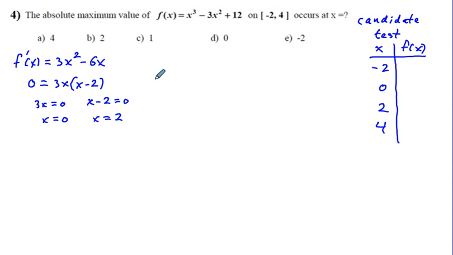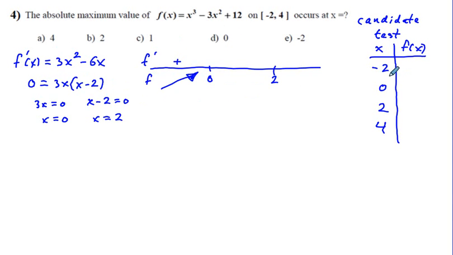Now, at this point, we can actually save a little work by doing a little number line analysis and putting our critical numbers, 0 and 2, on this number line. On top, we put f prime, at the bottom we put f, and we can see what's happening. Using our equation here, if we take a number less than 0, we are going to have a negative times a negative, which means f prime will be positive, which means f is increasing.